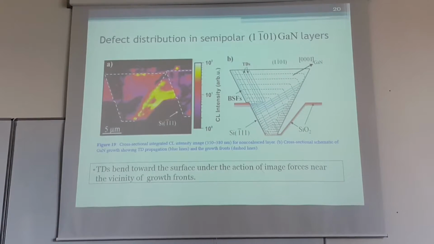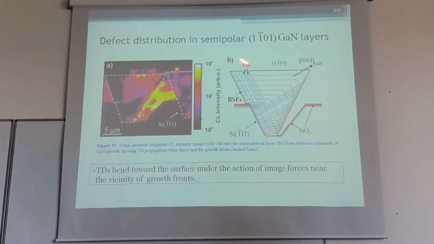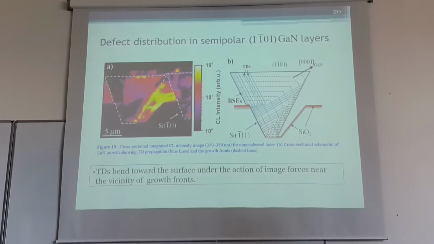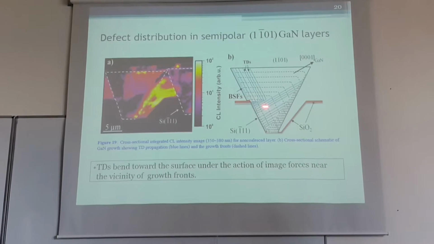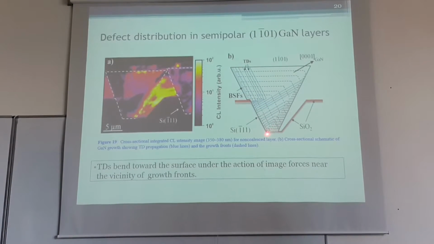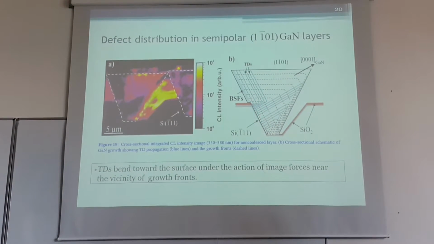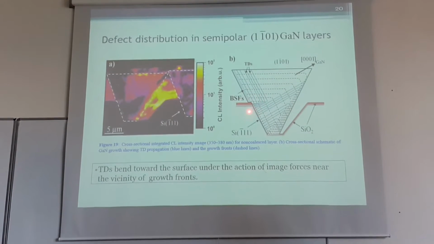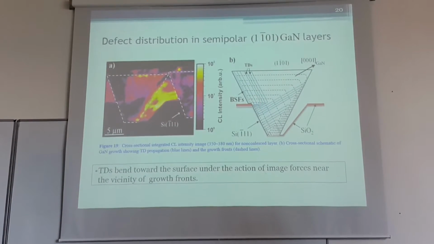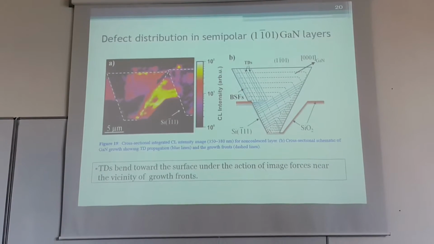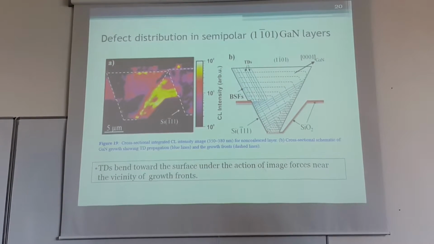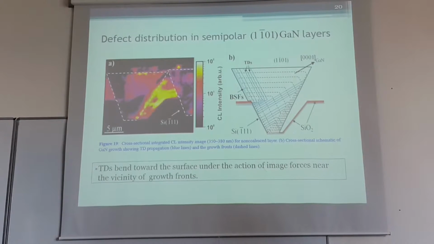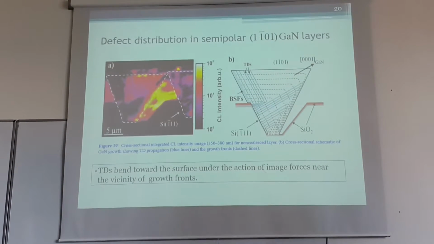However, when they grow, these threading dislocations bend towards the surface when they meet with semi-polar fronts. So the dotted lines are the growth process. When threading dislocations meet with this semi-polar direction, they just bend towards the surface in that direction to minimize the energy.